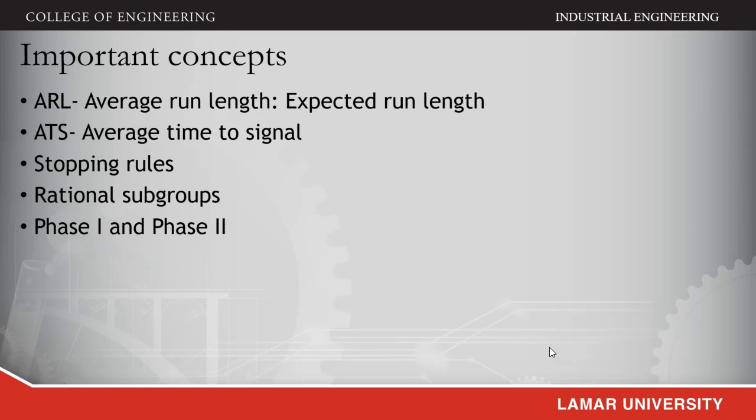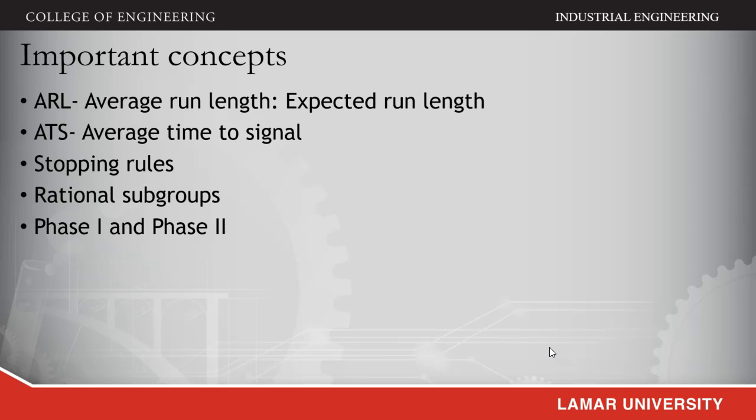And that average time to signal is measured in time compared to the average run length, which is measured in the number of samples. So if you have, say, for instance, 2 samples per day, and the average run length is 400, then the average time to signal will be 200 days.